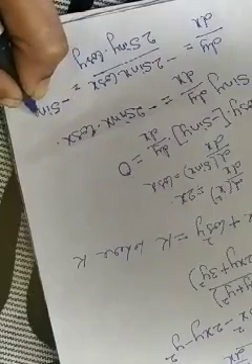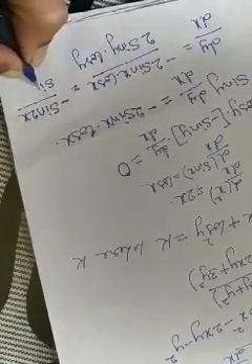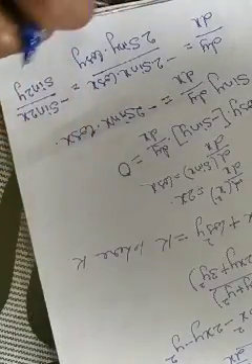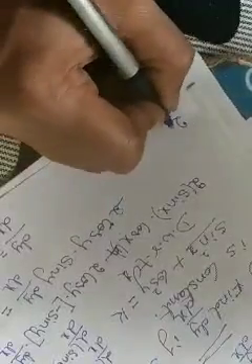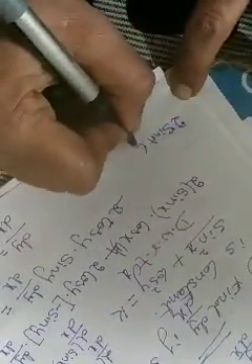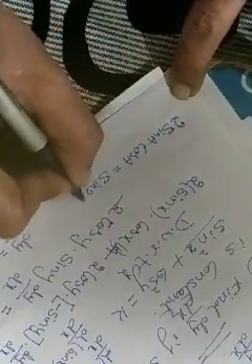Here it becomes sin 2x divided by sin 2y. Just we are using the formula 2 sin a into cos a can be written as sin 2a.